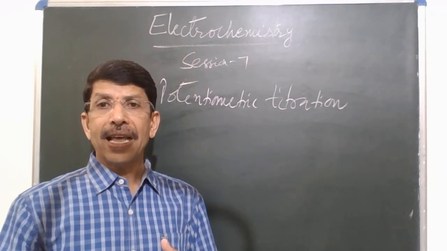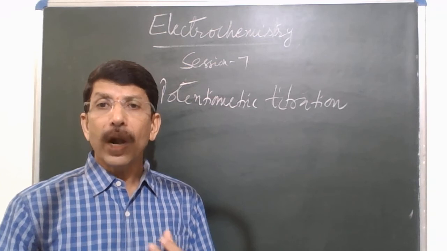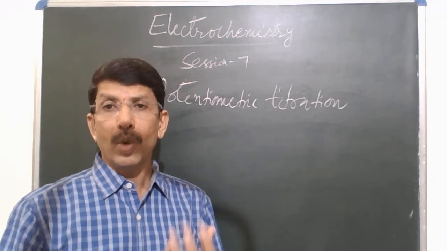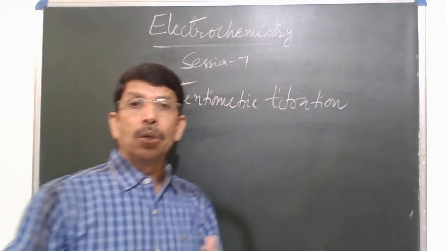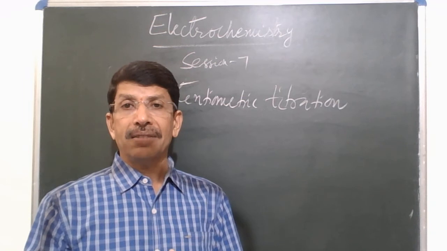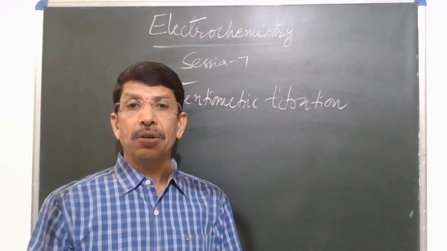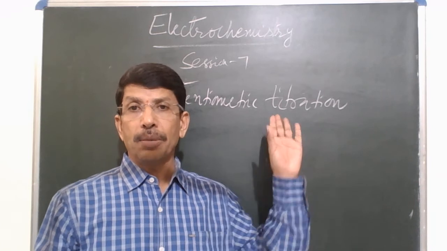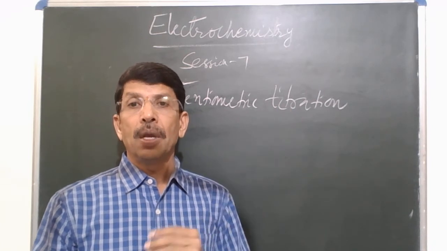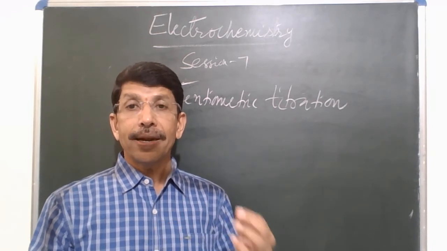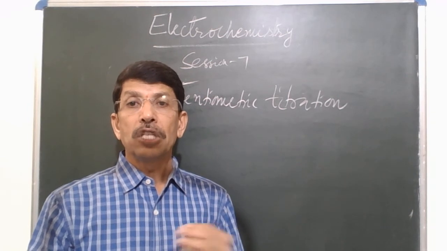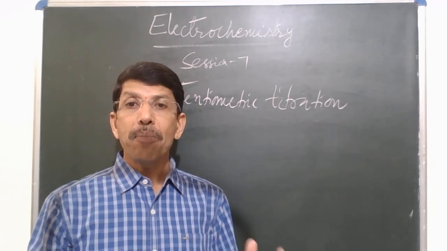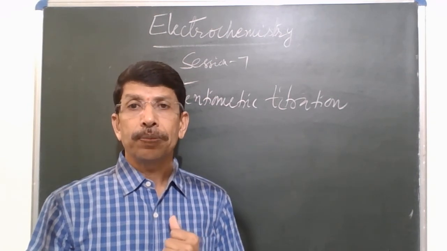Titrimetric analysis is one of the methods of quantitative analysis, and it can be carried out by instrumental methods like the potentiometric method. Other instrumental methods are conductometric, spectrophotometric, amperometric methods, etc.